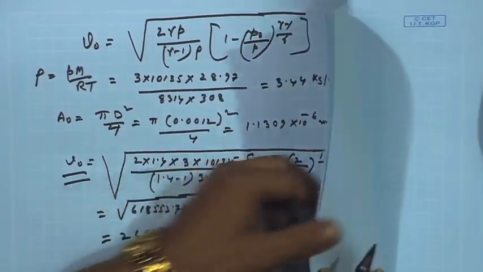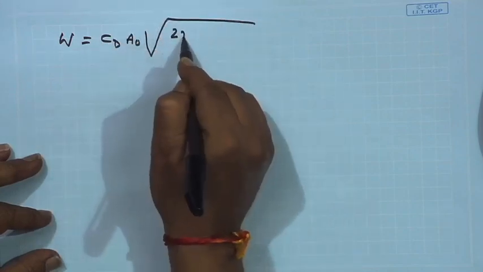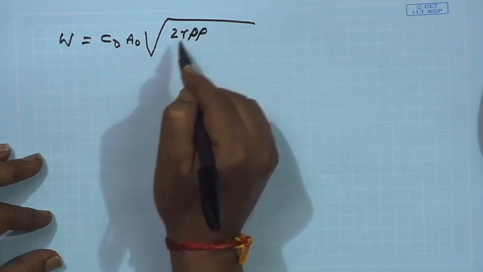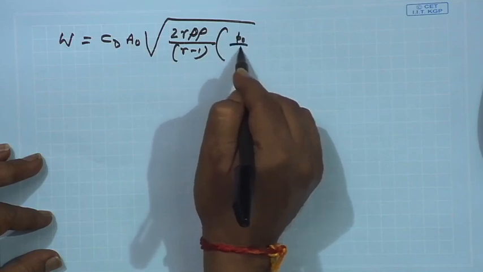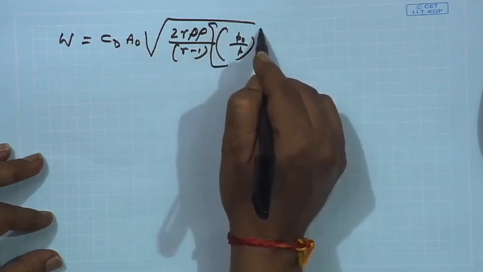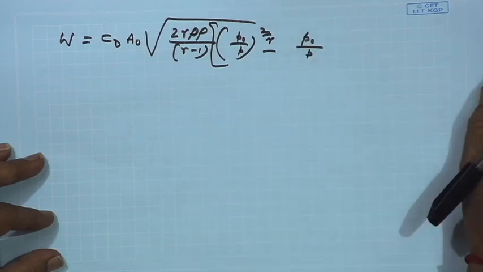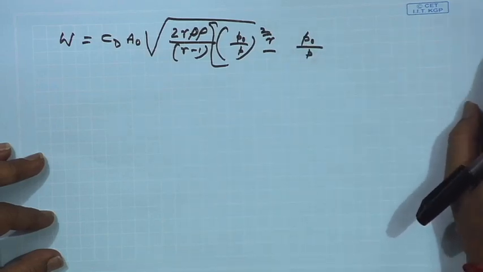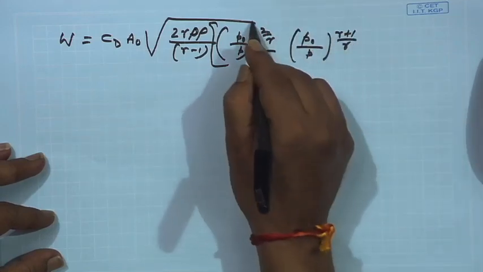Now, we need to find out the discharge, right. So, W we have seen is CD A0 under root 2 gamma P rho divided by gamma minus 1 into P0 by P to the power 2 by gamma minus P0 by P to the power gamma plus 1 by gamma, right?